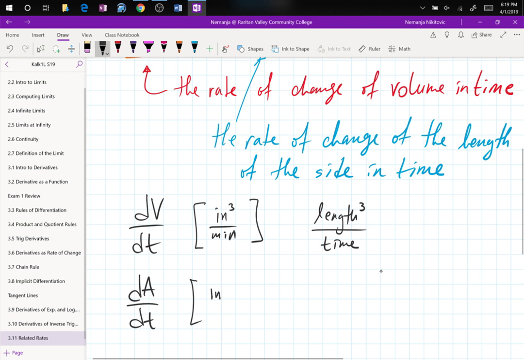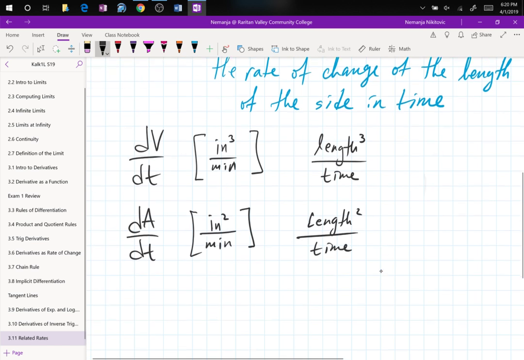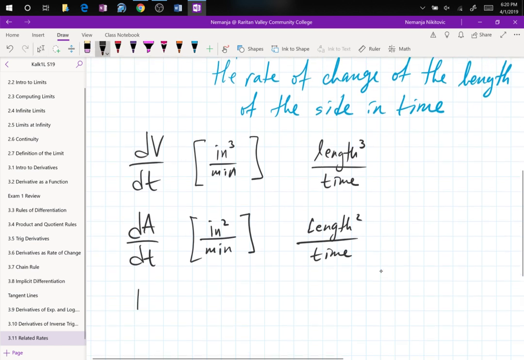Could be, let's say, inches squared per minute. That's length squared per time. dA/dt, inches per minute, that's the length per time.